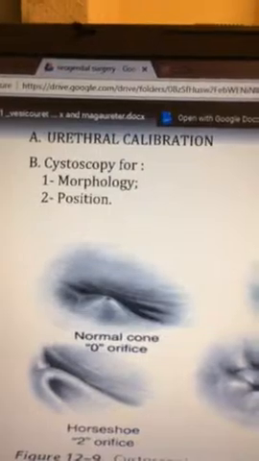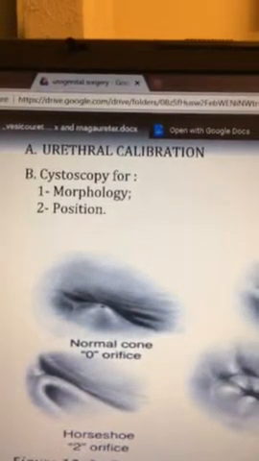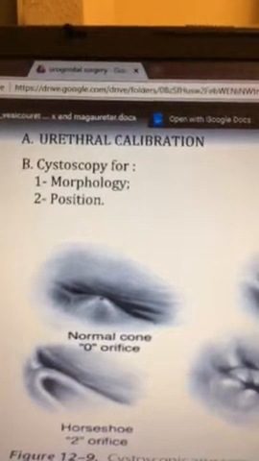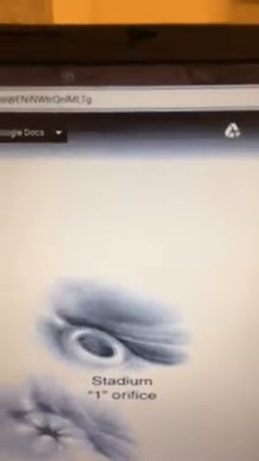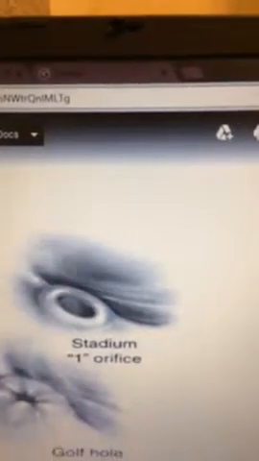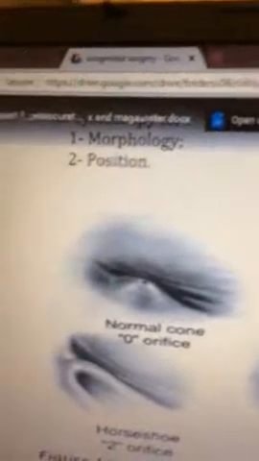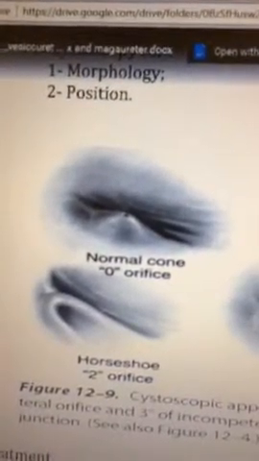This is the normal one, a cone, called the stadium orifice. This one is a stadium, with some dilatation. This is the second, the horseshoe orifice, and the third is the golf hole orifice.